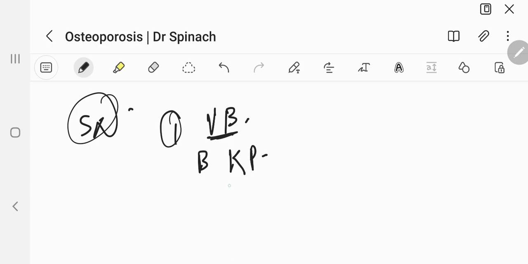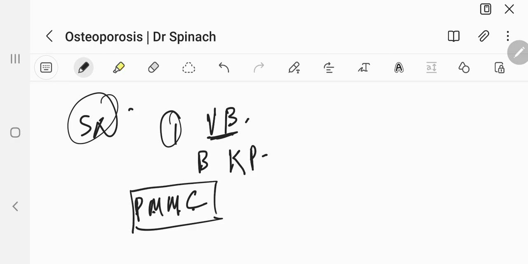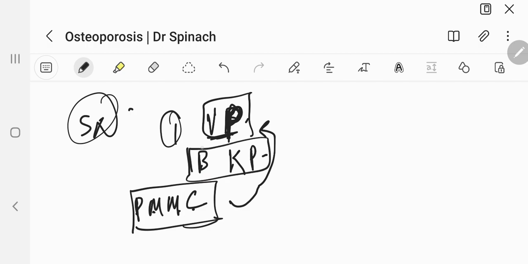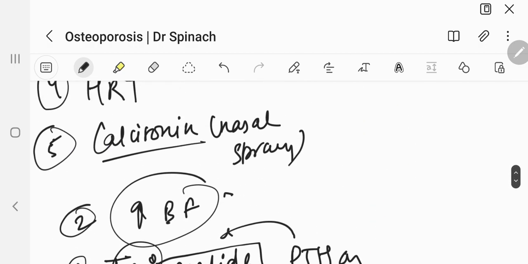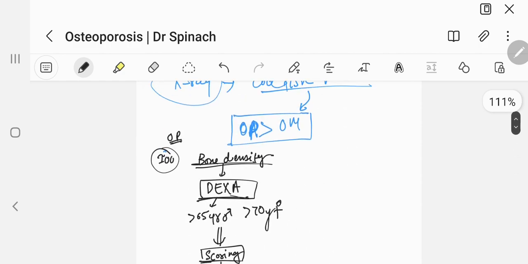What you will do in these surgeries is basically there is something called polymethyl methacrylate, PMMA, which is filled up in these vertebrae, which we call vertebroplasty. And when it is filled up in a form of a balloon, then we call it balloon kyphoplasty. So remember these. Well, these are not very important. The important things are these drugs that we give in the case of osteoporosis.